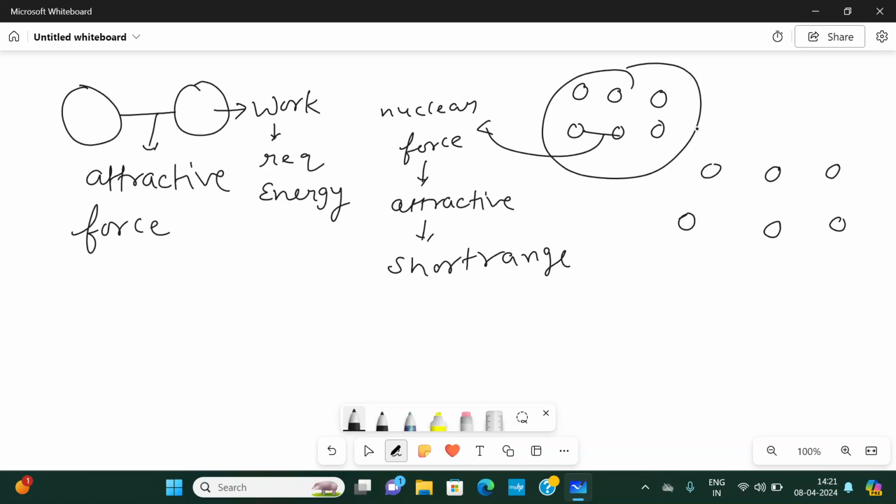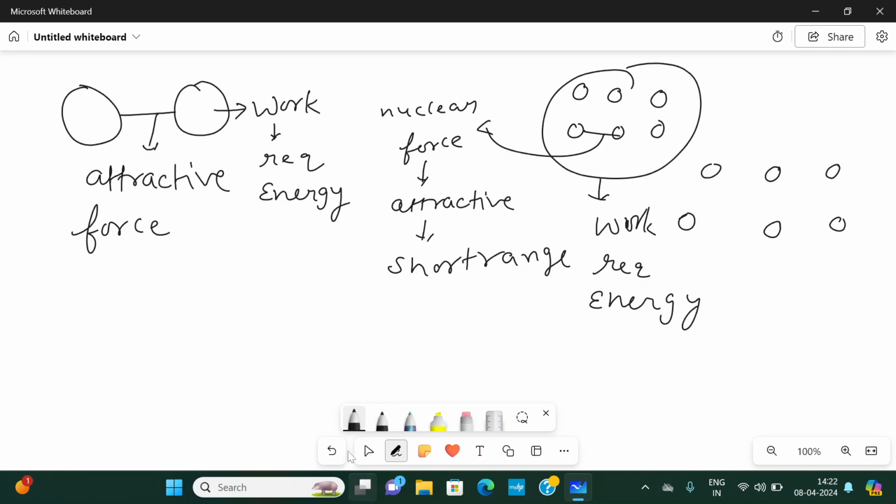To have these nucleons independently, we have to do work against this nuclear force, and to do that work we require some energy, and that required energy is called binding energy. So the energy needed to decompose this nucleus into its constituent nucleons is called binding energy. So this was the definition of binding energy.